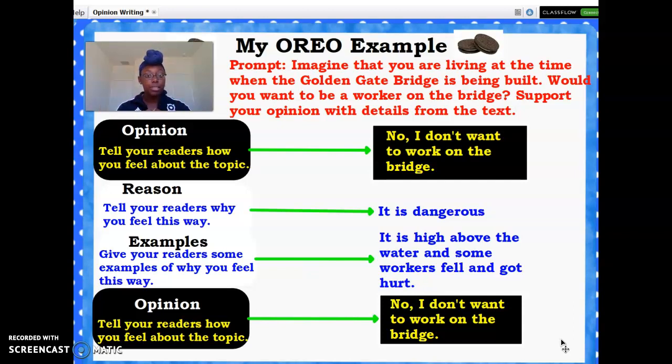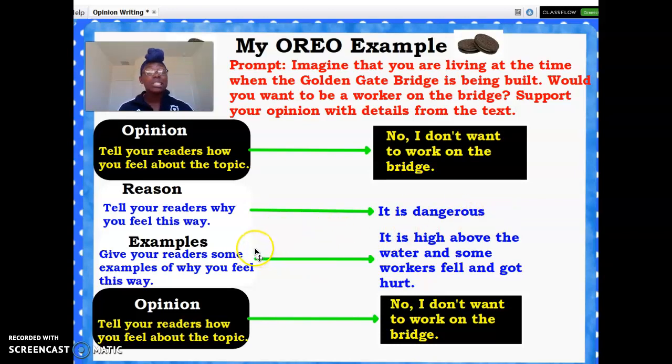So I have my prompt. My topic is do I want to work on the Golden Gate Bridge or not? My opinion, right here, is how I feel about the topic, is no, I don't want to work on the bridge. Now my R, I need to give a reason. Why don't I want to work on the bridge? Well, it's dangerous.